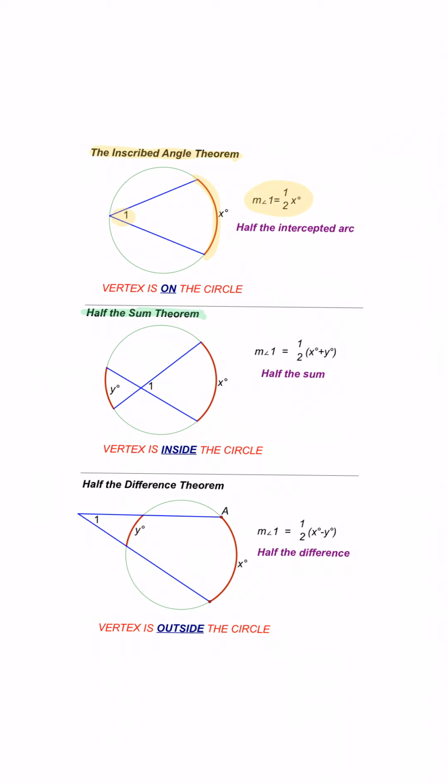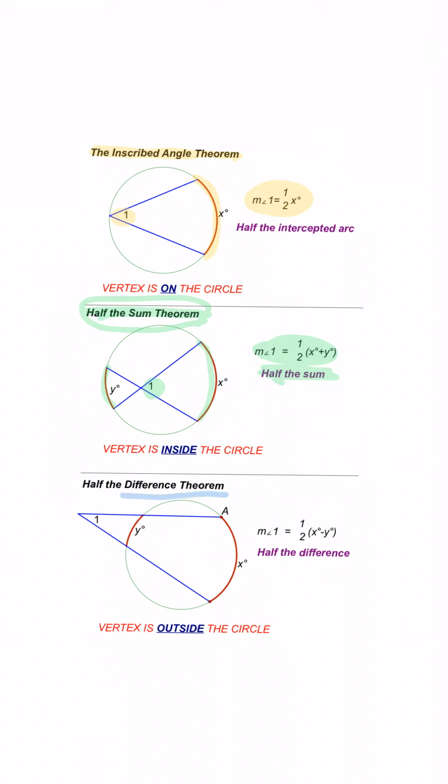Half the sum theorem states that if an angle is formed inside the circle, then it intercepts two arcs, x degrees and y degrees, and measurement of angle 1 is half the sum of the intercepted arcs.